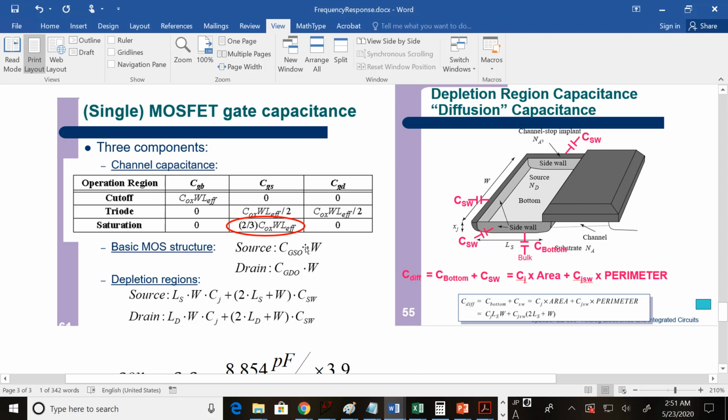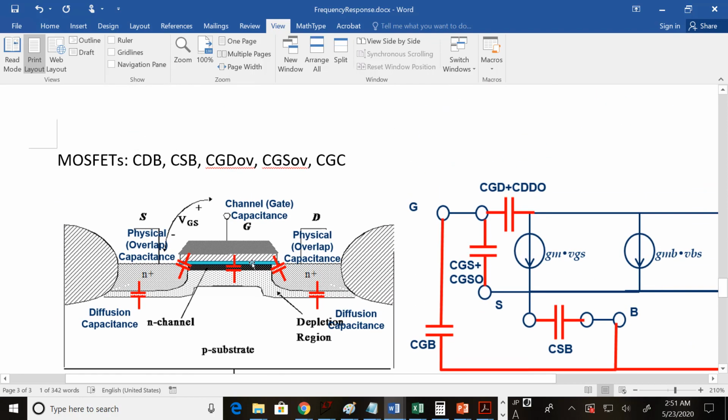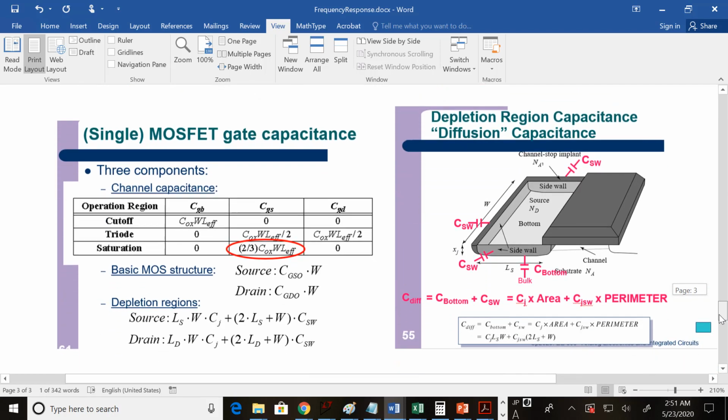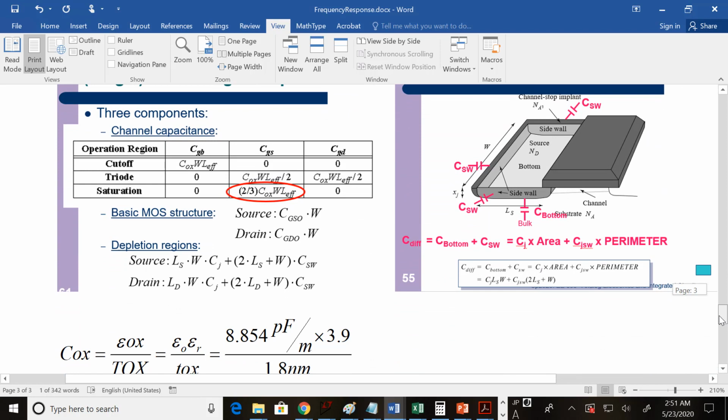The capacitance of the gate are the overlaps plus the channel. Actually, I need to correct something I just said. Okay, I'll correct it right now because I think this is a good place.